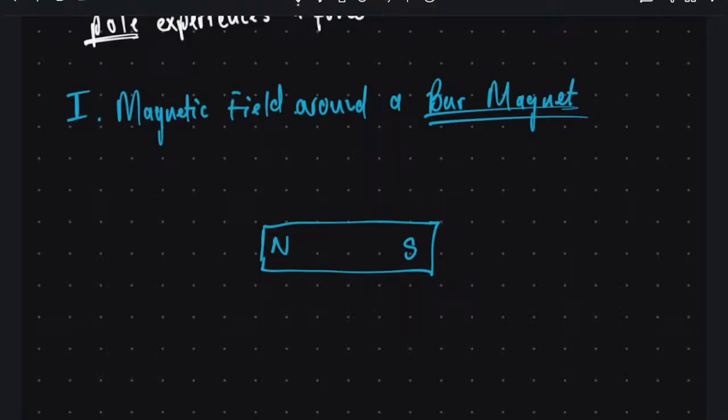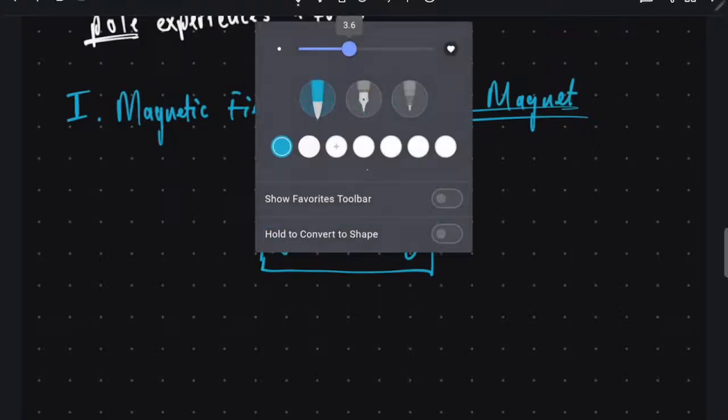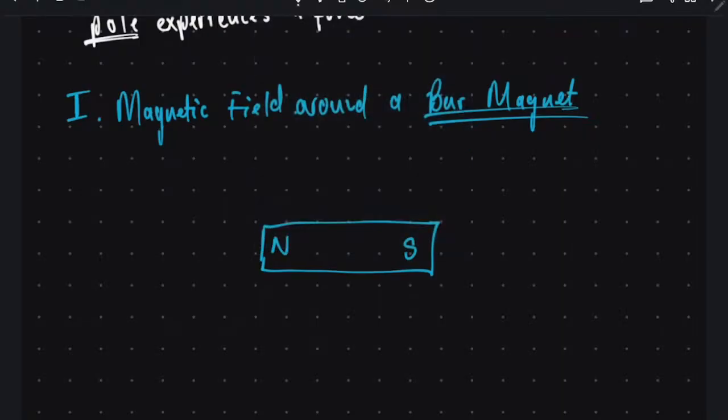Magnetic field lines always come out of north and go to south. So when you're drawing your bar magnet, you must show the field lines coming from the north pole, which is the tip of the magnet, and going to the south pole.